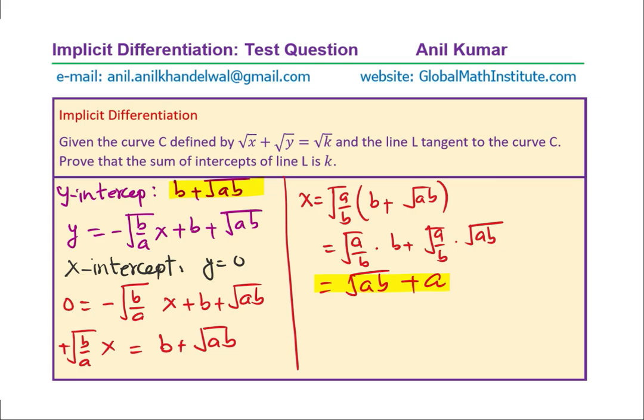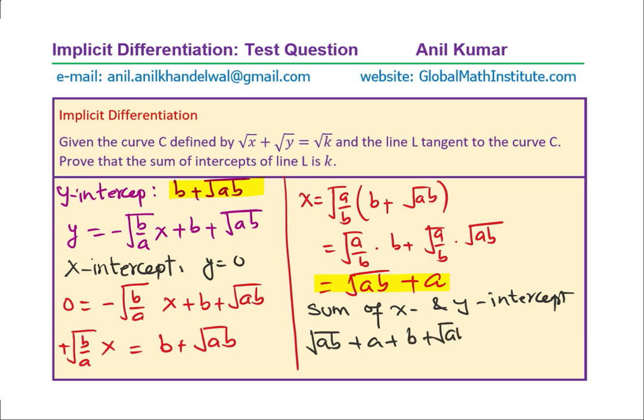Let's figure this out. The sum of the x and y-intercept is basically square root of ab plus a plus b plus square root ab, which is a plus 2 square root ab plus b.